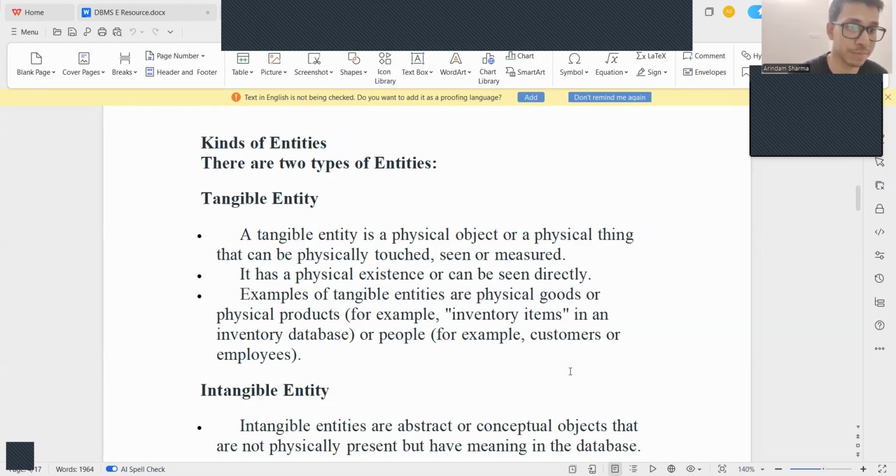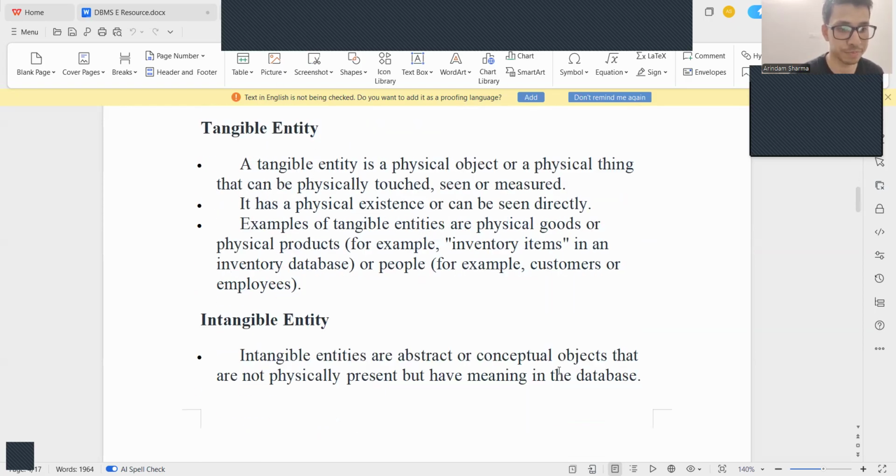It has a physical existence and can be seen directly. For example, physical goods or products, such as inventory items in an inventory database, or people, for example, customers or employees. So these are tangible.